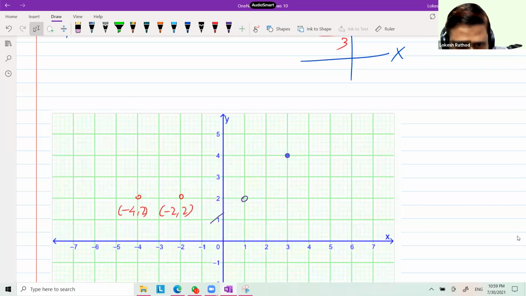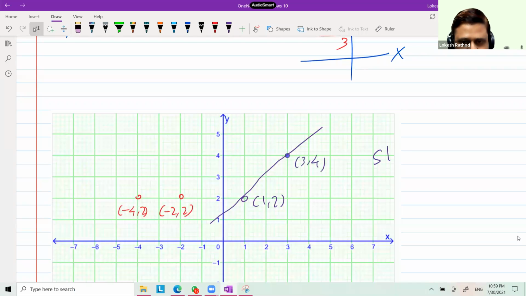So there's a line. Slope is the difference in y coordinate, that is 4 minus 2, divided by difference in x coordinate, 3 minus 1.